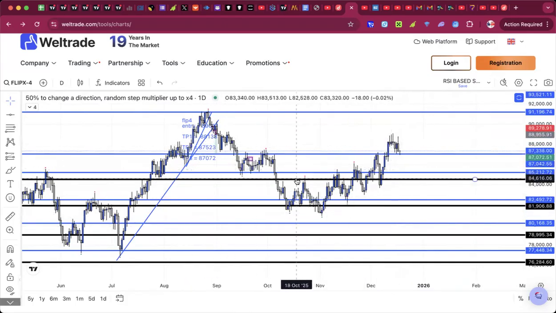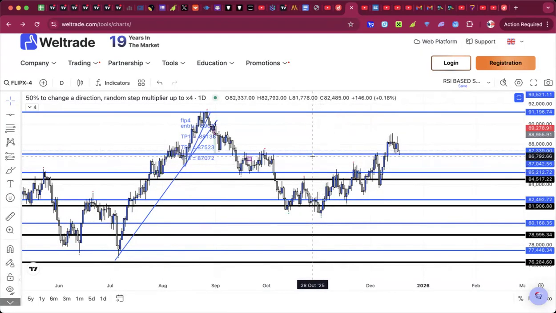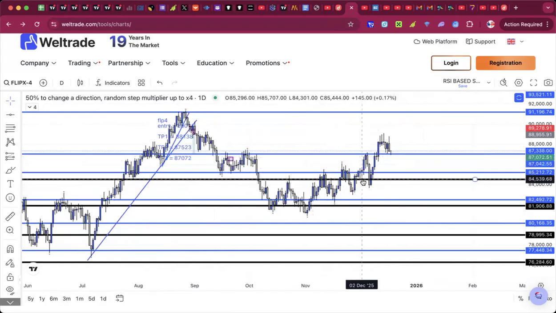So when you have Flip, Fold, all of those things, they are from Weltrade.